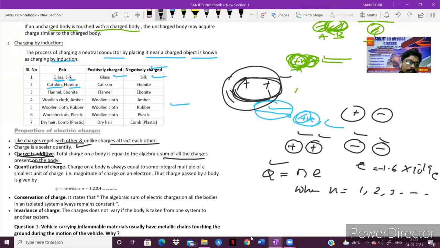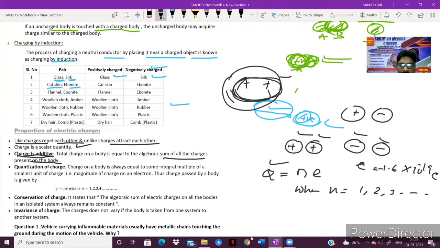The next property of electric charge is conservation of charge. Conservation of charge means charge can neither be created nor destroyed. It changes, or transfers, from one body to another body. The alternate statement is that the algebraic sum of electric charges on all the bodies in an isolated system always remains constant.